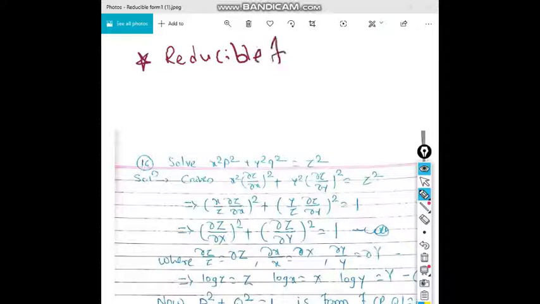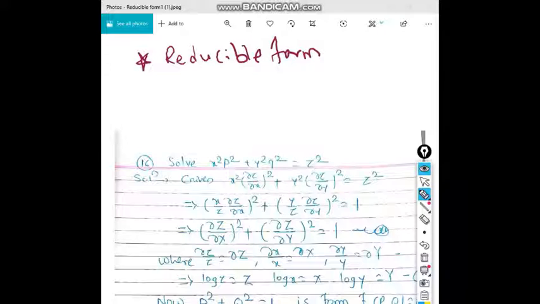Now, if you see in the previous session, the forms we completed are like f of p, q. Lagrange's is different, so Lagrange's will not come here. The other nonlinear forms are f of p, q, where only p and q are contained. Then the p, q, z form, in which only p, q, z are present.